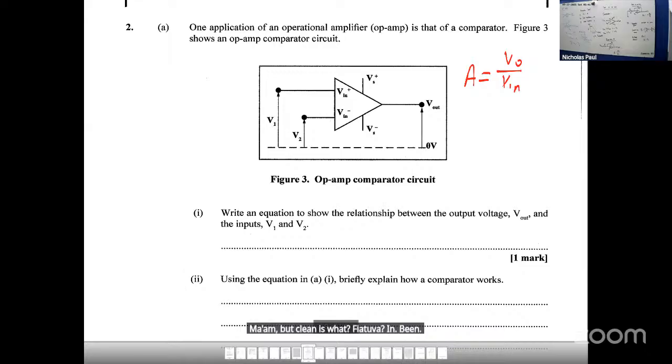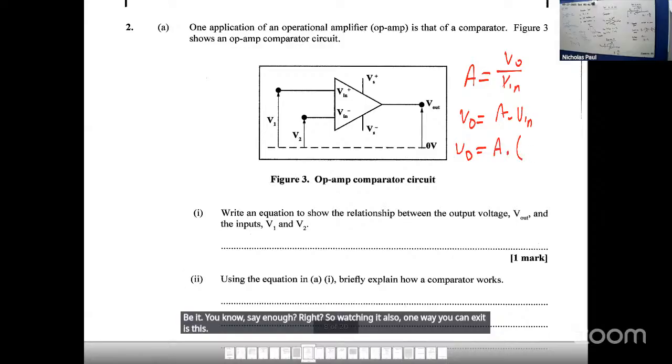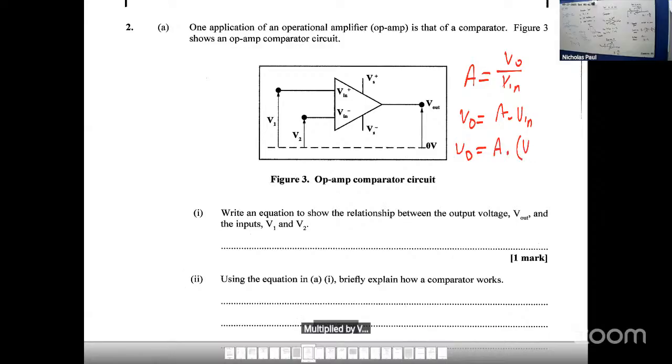So V out is gain times V in. One way you can write it is: gain multiplied by V1 minus V2. But here's what you have to say.